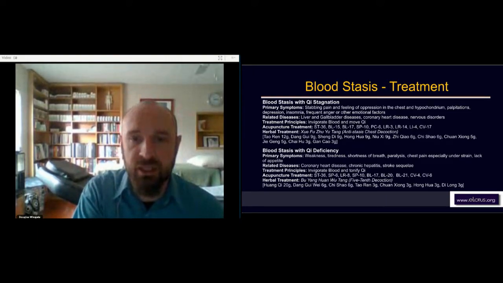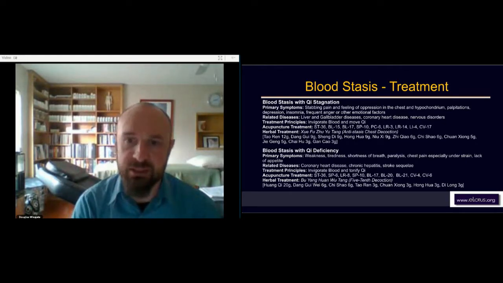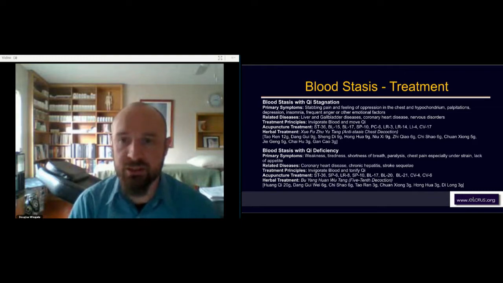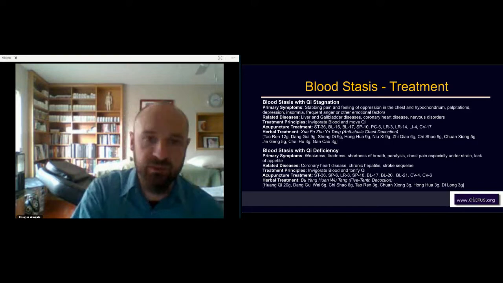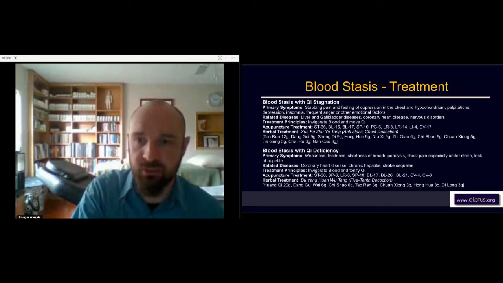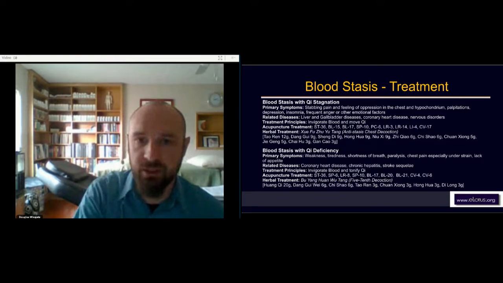So acupuncture-wise, you can use stomach 36, bladder 15, bladder 17, spleen 10, pericardium 6, liver 3, liver 14, large intestine 4, and CV 17. That will open up that chest and move qi very strongly. The herbal formula for that is Juefu Shuyutang, and I did include the ingredients in there as well, so you're welcome to look that over.